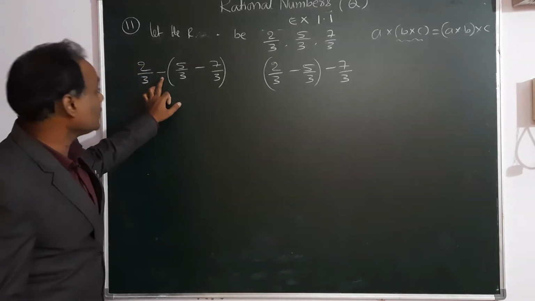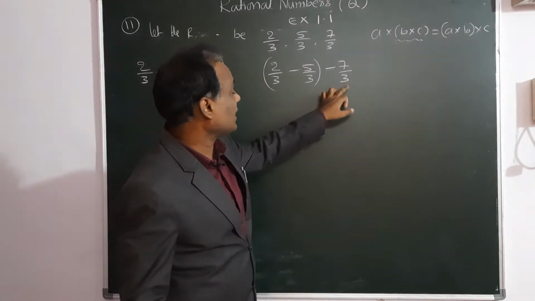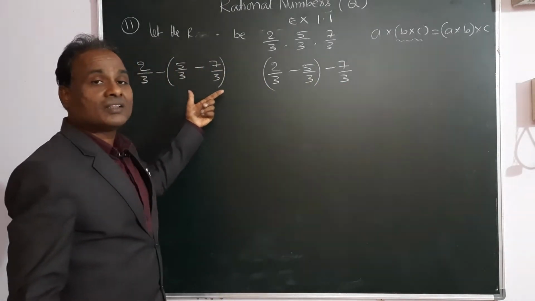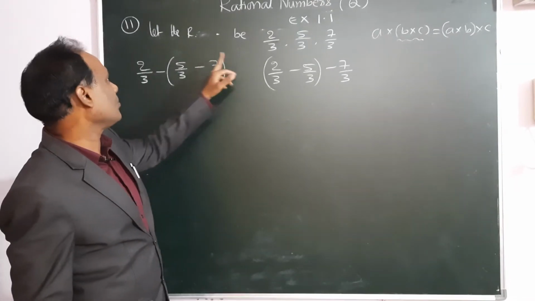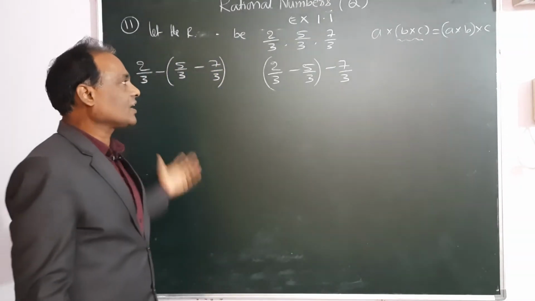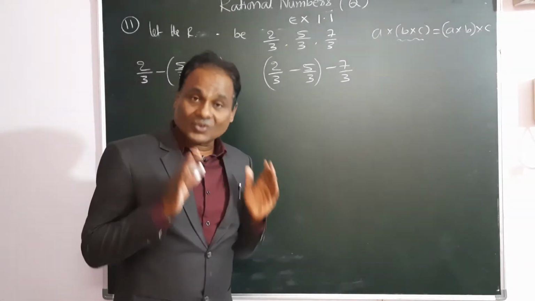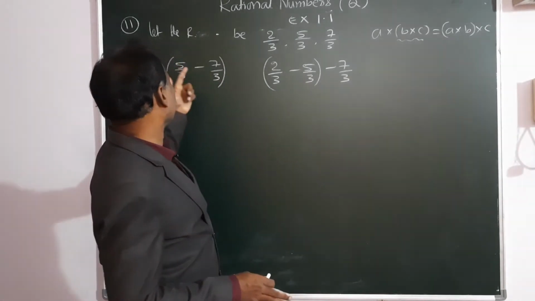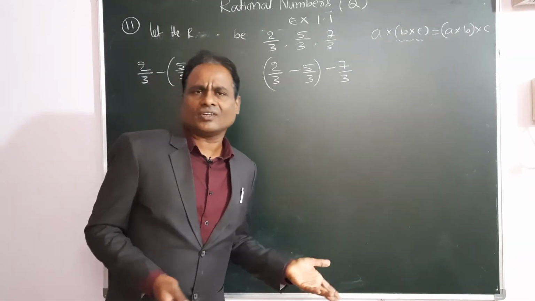(A minus B) minus C should equal to A minus (B minus C). If both are equal, then associative property is satisfied for rational numbers under subtraction. If both are not equal, then associative property is not satisfied. We have to tell whether subtraction satisfies the associative property for the rational numbers or not. Actually it will not satisfy.